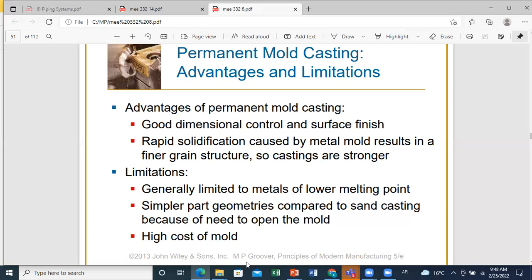And also we have a high cost for initial preparation of the mold, but since we can use it several times, if you have mass production, you can justify the use of this method. But if the number of products you want to have is limited, then there is no need to go to this type of permanent molding, because you need to invest a lot in order to fabricate your cast mold.